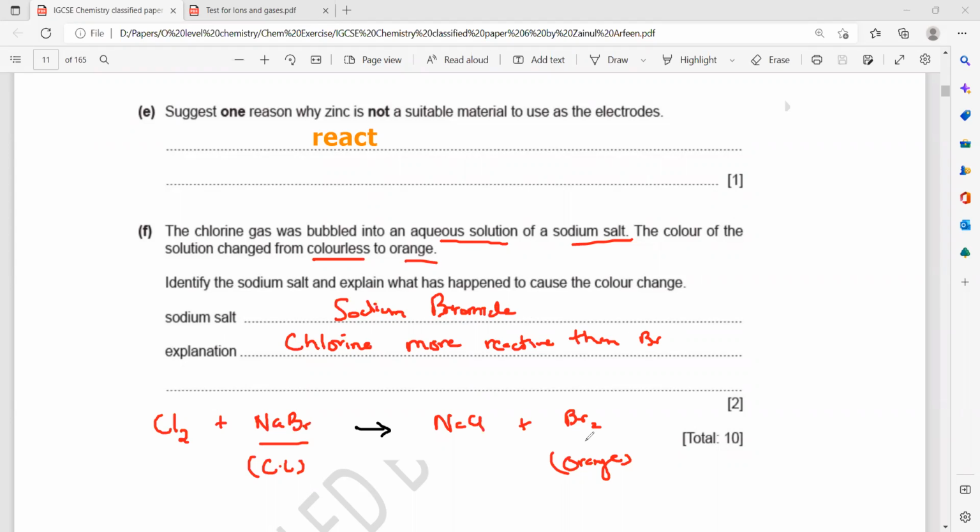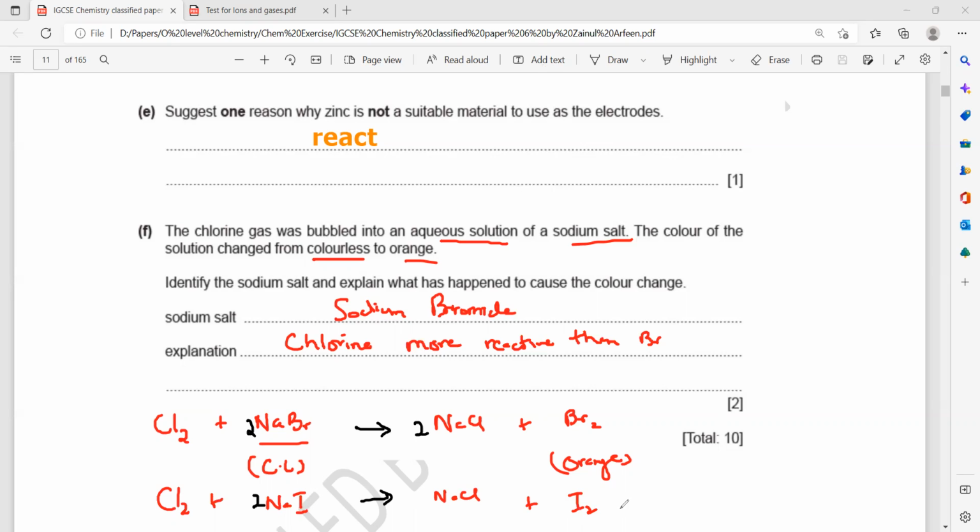If it was an iodide salt, like sodium iodide, then the color change will be different. If we bubble the chlorine gas through sodium iodide, NaI, this equation should be balanced too. So in that case, what will happen? It will produce sodium chloride, NaCl, plus an iodine molecule. So what will be the appearance of this solution?